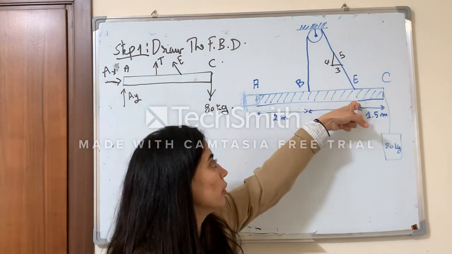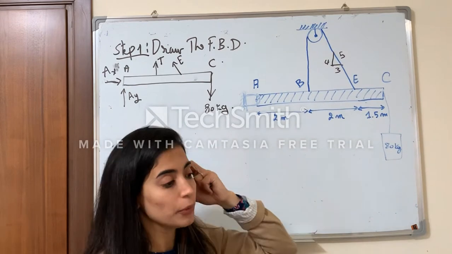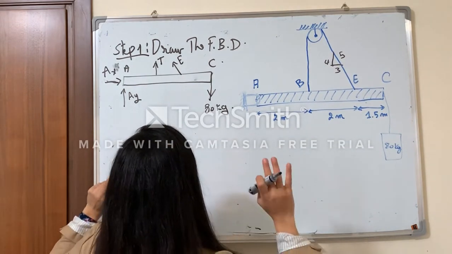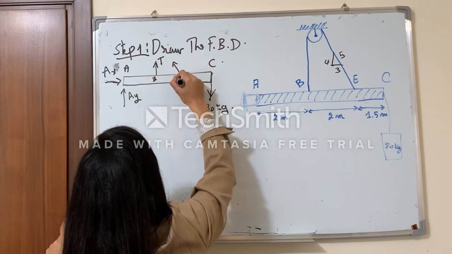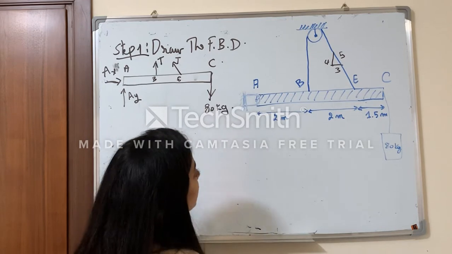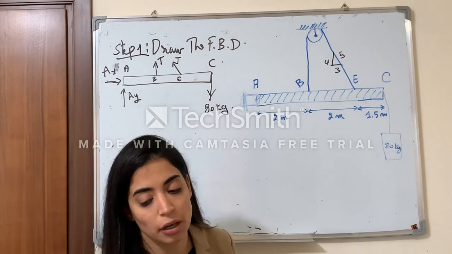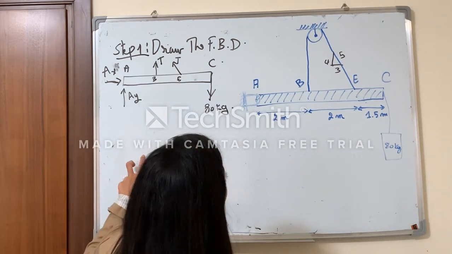So I should know either the angle or these heights or these scales. I have two tensions, one at B and one at E, and they are equal, and a weight that is equal to 80 kilograms times 9.81. So this will be step number one.